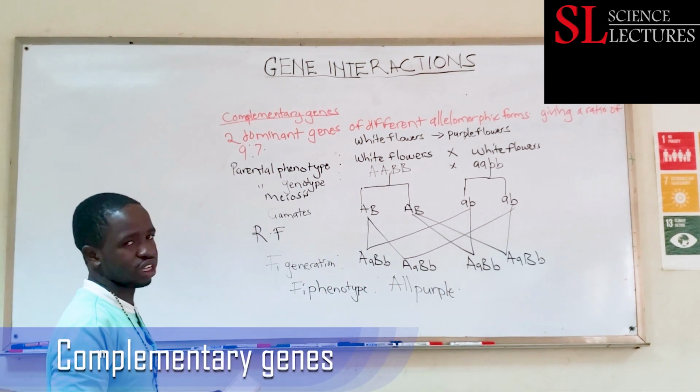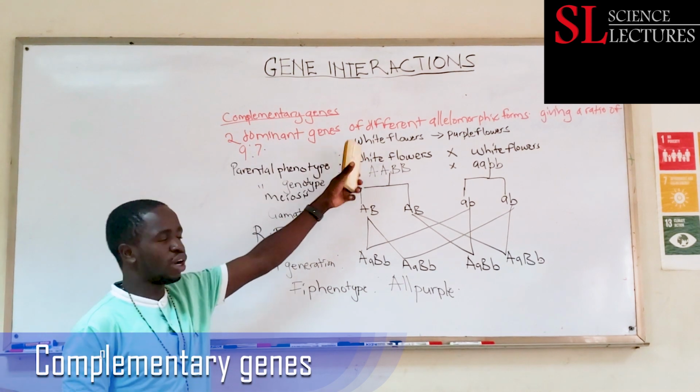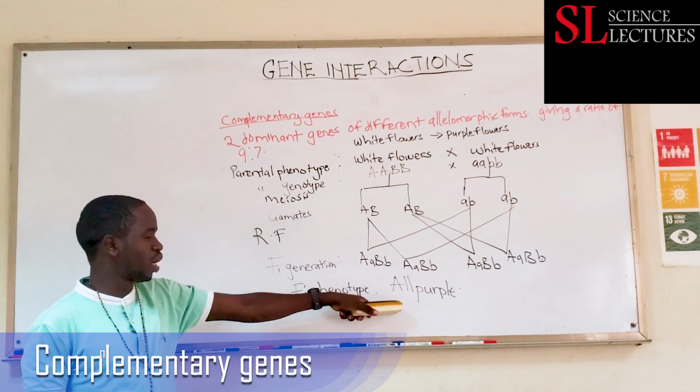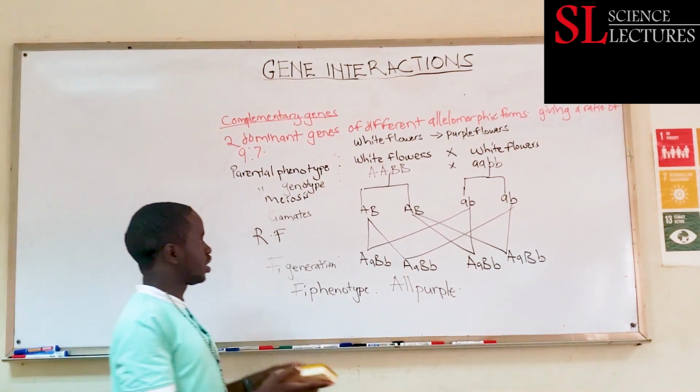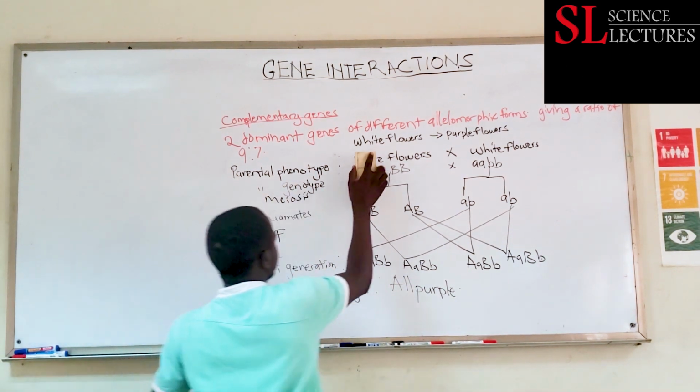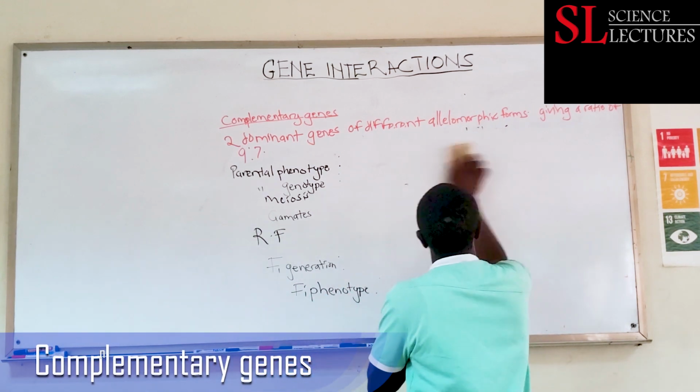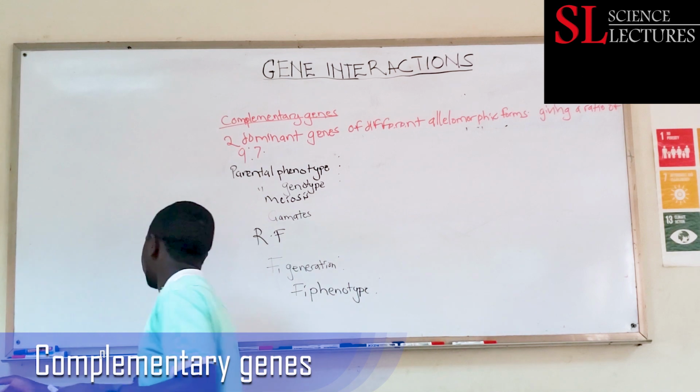So I hope you are following. I've said they got two white flowers, and when they crossed them, they discovered that they would yield purple flowers. Let's see what happened when they crossed purple flowers this time, and how the genetics of complementation comes in.